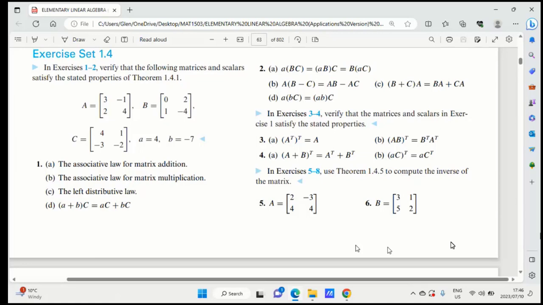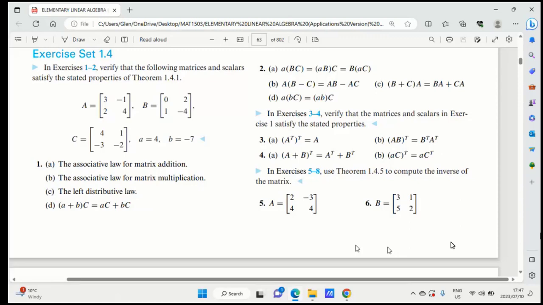Lerato, please bring in Magwena. Yeah, okay, I'm here. Thank you. What I did is I found the determinant of A, and then I flipped 2 and 4 on the diagonal. After flipping them, I exchanged the sign of the diagonal.